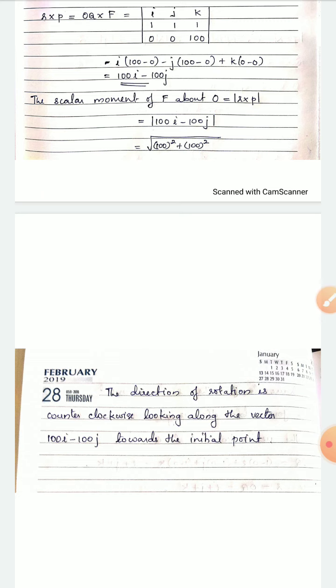You just evaluate it: the root of 2 times 100 square, which is equal to 100 root 2. Since 100 square is inside the root, we can take it outside, so it is 100 root 2 Newton meter. The unit is Newton meter.